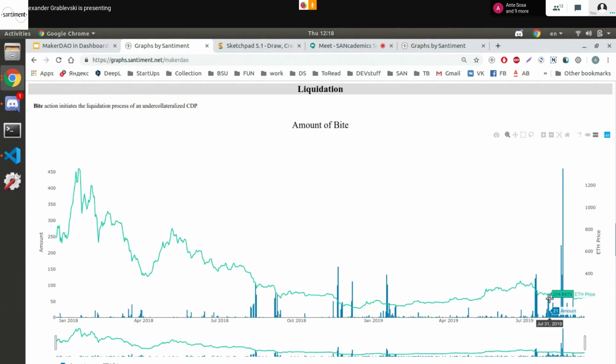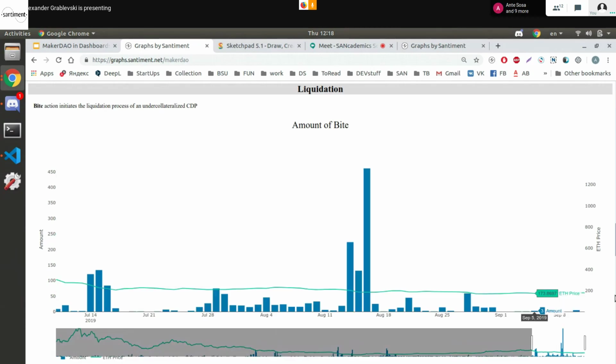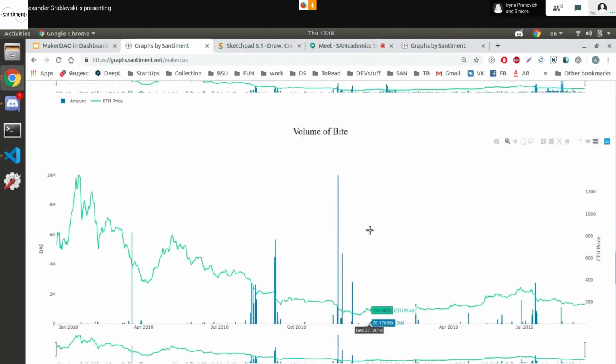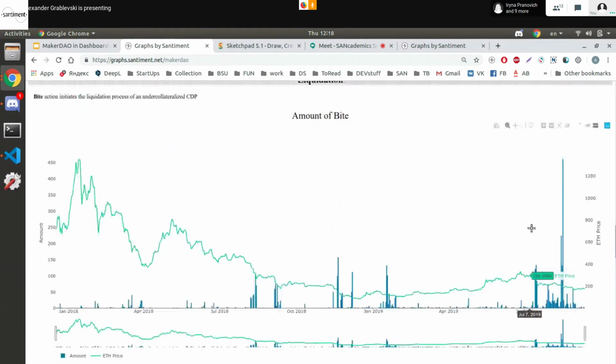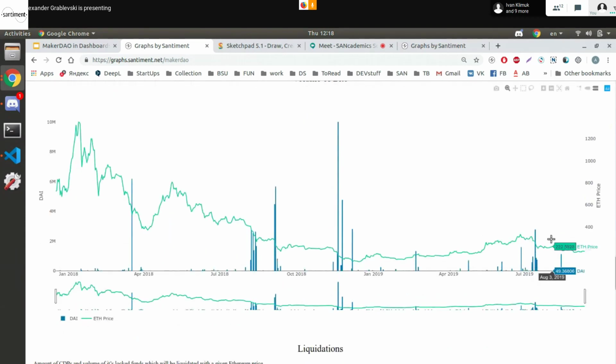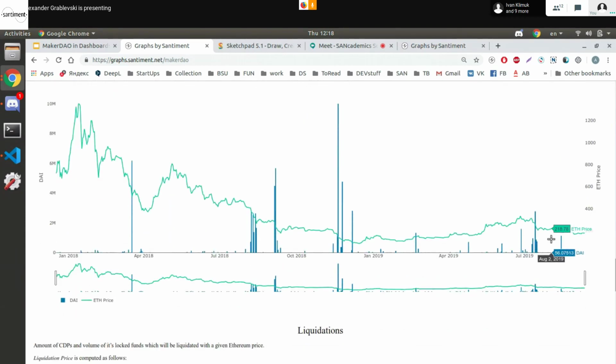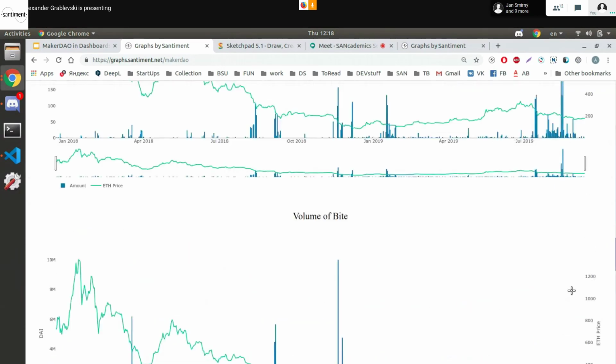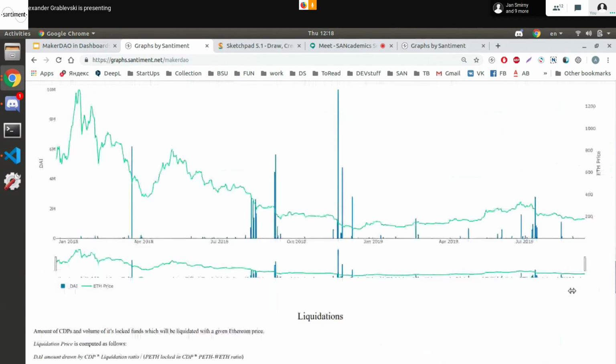And again, with this Coinbase effect that causes a lot of liquidation events, as you see here. That's it. And those are liquidation volumes. Again, you see a lot of bite events, a lot of liquidations, but this volume actually means nothing. So again, this Coinbase event in fact just inflated the numbers, but didn't affect the system at all.